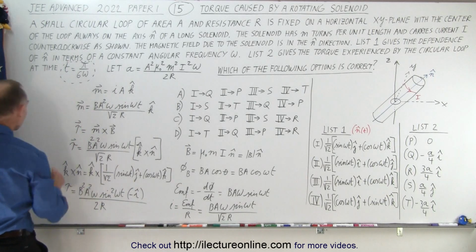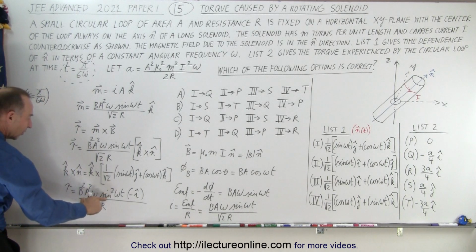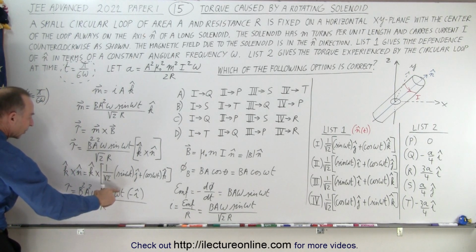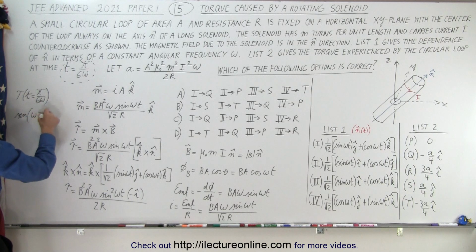And then we're going to evaluate, and let me move over here, the torque when t is equal to pi over 6 omega. So that requires us to find the sine of omega t when t is pi over 6 omega. So the sine of omega times t, which is pi divided by 6 omega.